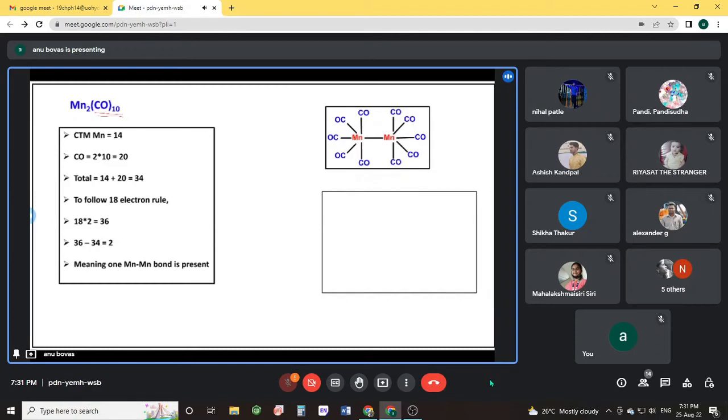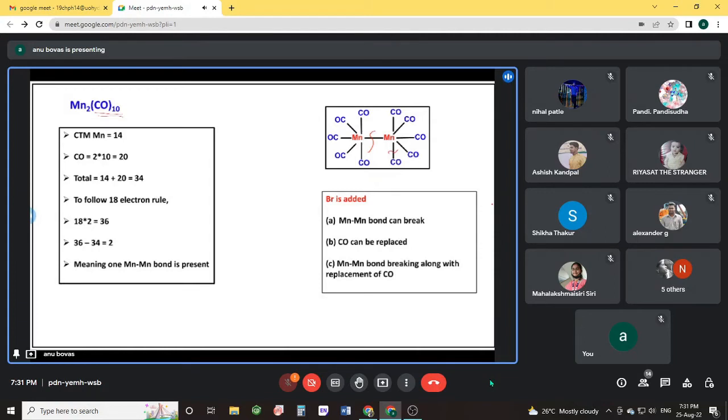So now in this complex, when we add bromine, different types of reaction can happen. So in this particular case, there are three different options. Option A is the Mn-Mn bond can break. Then option B is one CO can be replaced by the bromine, and C is both of these can happen.